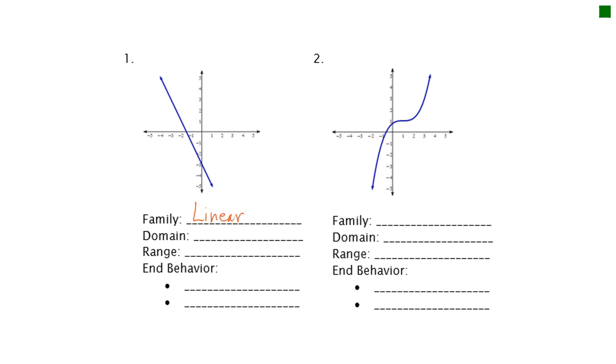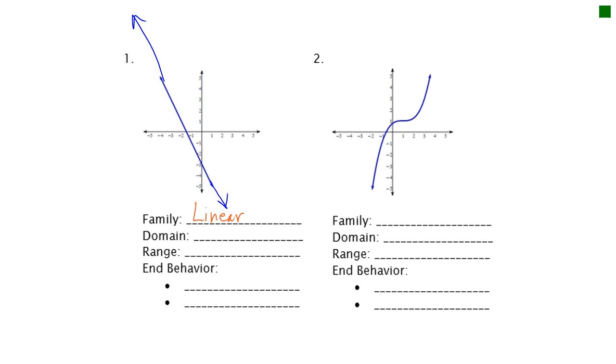For domain, what I'm trying to imagine is if I stretched this graph out forever and ever, would it eventually go all the way left, or would it go all the way right, or both? Now, if I stretch this line all the way out, it would keep going to the left as I go up, and it would keep going to the right as I go down.